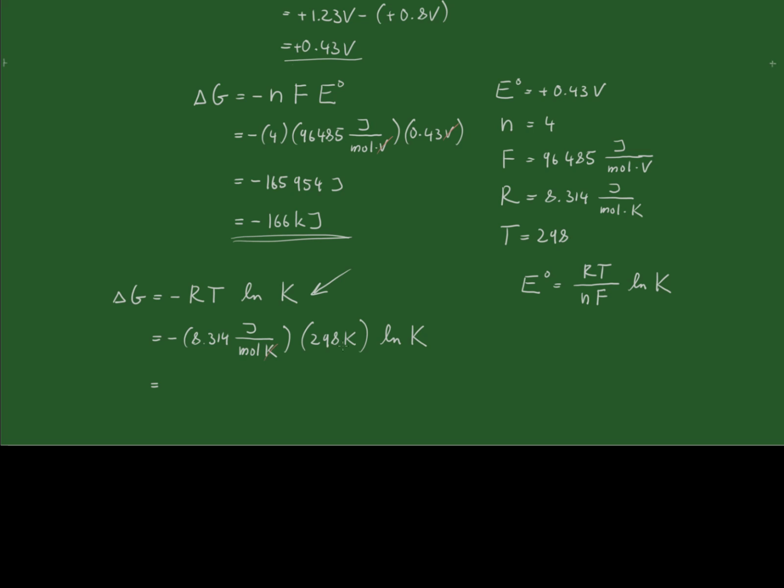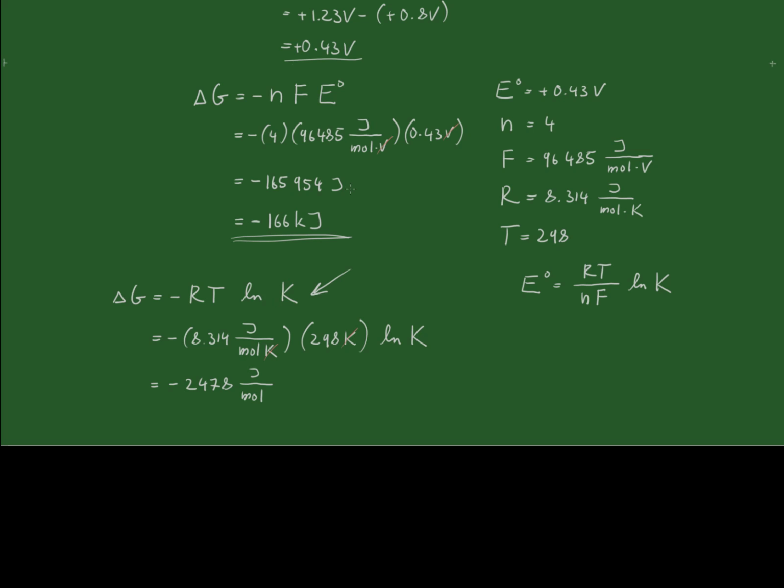So this K and this K will cancel, and I will have 8.314 times 298, and I get minus 2,478 joules per mole. And I have just remembered that I should also add my delta G.